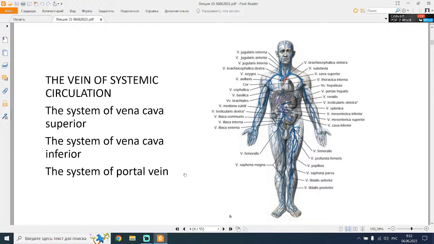The system of vena cava inferior, these are the veins of the pelvis and lower extremities. And the third system, the system of the portal vein. So these are the three systems: system of vena cava superior, system of vena cava inferior, and system of portal vein.